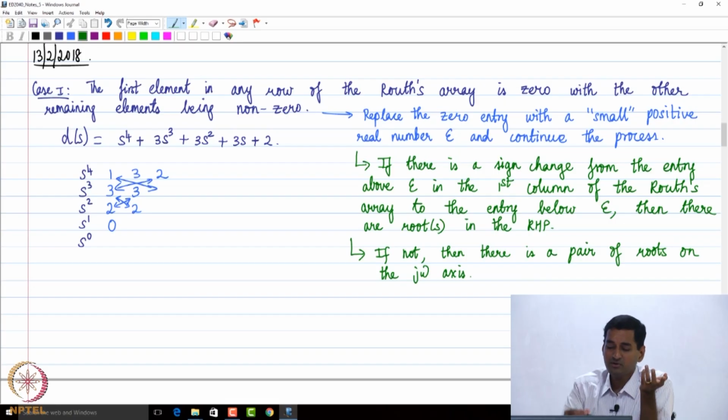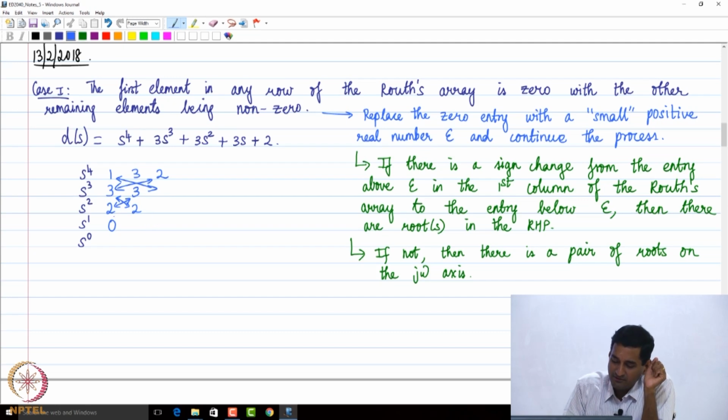Why should I do that? Because if I want to continue and calculate the s power 0 row, I have a problem: 0 times 2 minus 2 times null entry, divided by 0, gives 0 by 0, so I don't go anywhere. So we replace this 0 by a small positive real number epsilon and continue the calculation. Let's see what happens here.